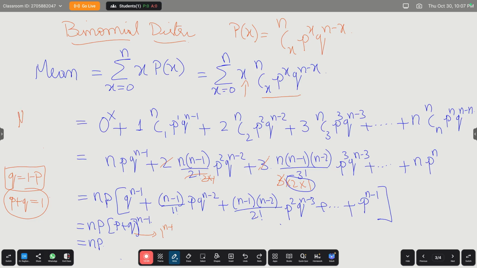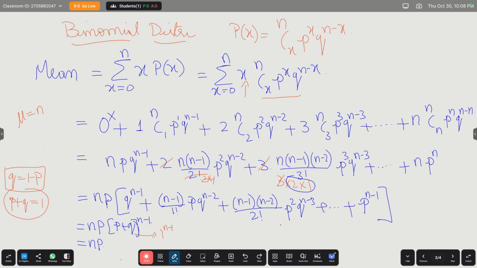which shows that mean of binomial distribution is n into p. So very easily you can prove this. What you have to do is just take the general formula of mean, expand it by giving the values of x, and after that try to take out whatever common is there. So n and p will be common.